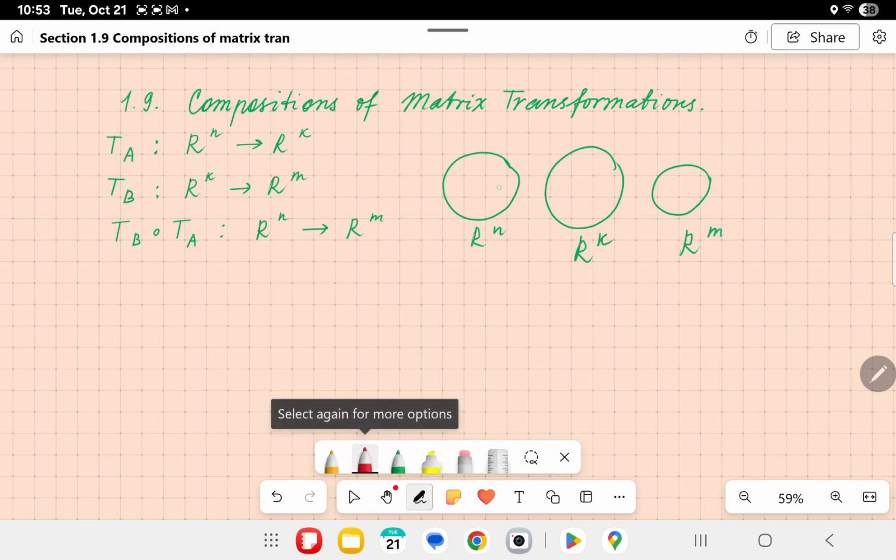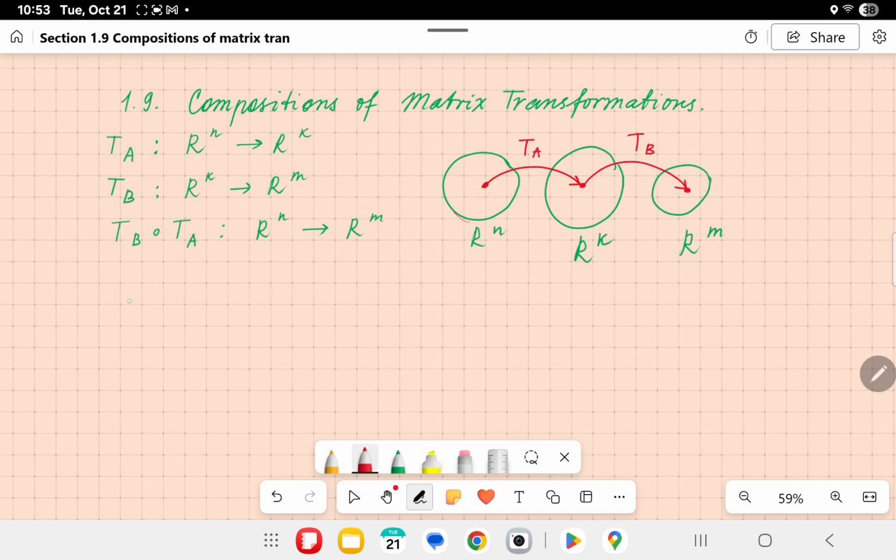So let's imagine that my first transformation takes elements from this set and transforms them into elements of another space Rk. And then the other transformation takes elements from this space and transforms them into elements of my final space with m dimensions. So we can substitute it as one transformation.